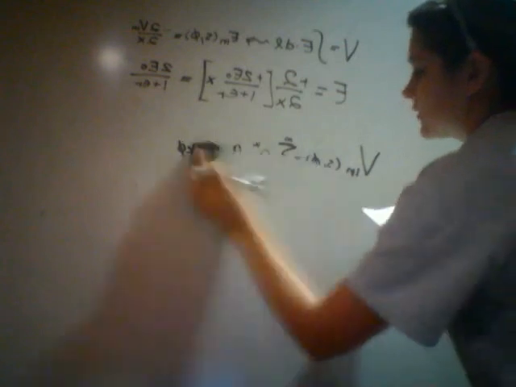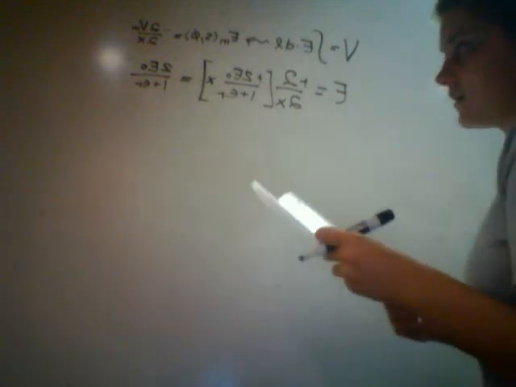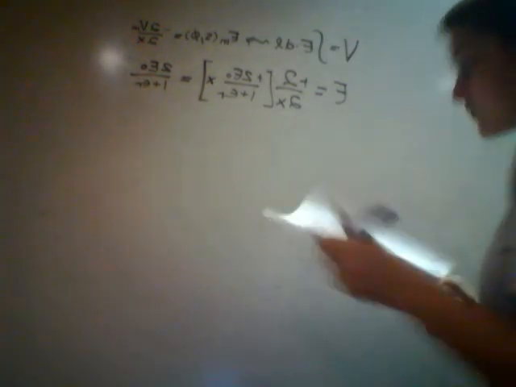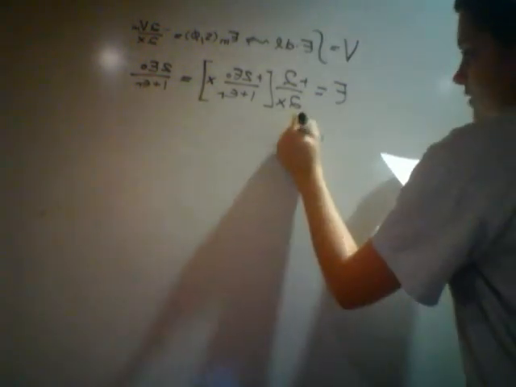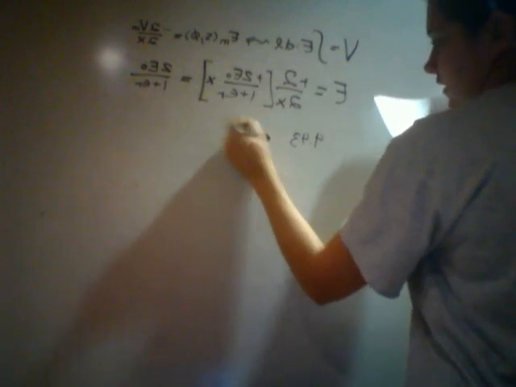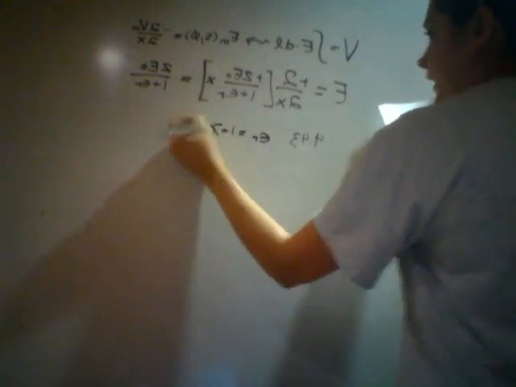field that is left, and to simplify it earlier, we said that susceptibility is chi e, that's stated in the problem, so we're going to use equation 4.43 again, and that states that epsilon r equals 1 plus chi e.